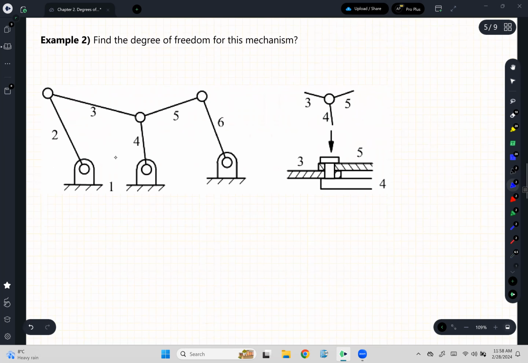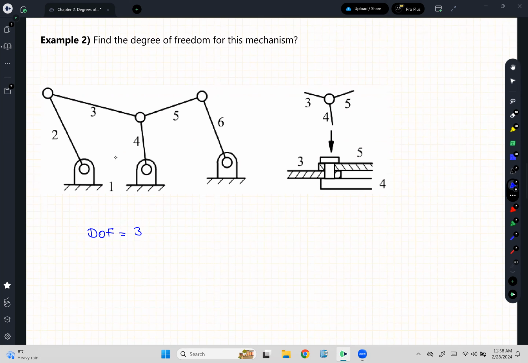Okay, so I have a simple mechanism here. The degrees of freedom, DOF, is 3 times 6 minus 1, this is a very easy part. The part that I should not make a mistake on is counting the number of joints. It's one there, one there, one there, another one there, and another one there, okay?